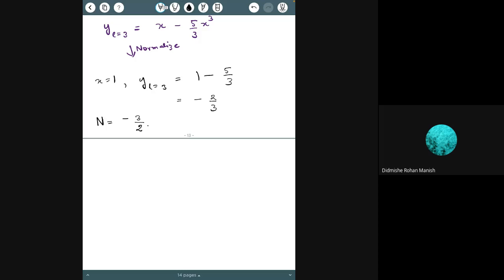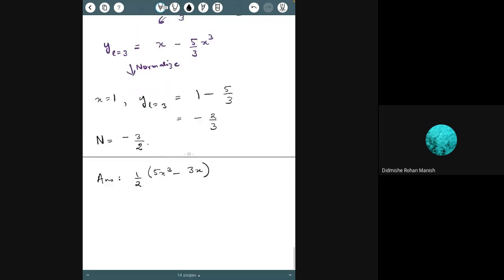Okay, and I want 3. So the value of P3 is basically half of 5x cubed minus 3x. So here if x is equal to 1, yeah, that follows.